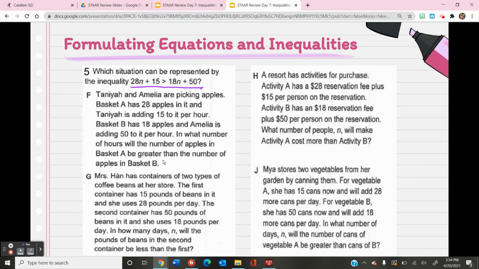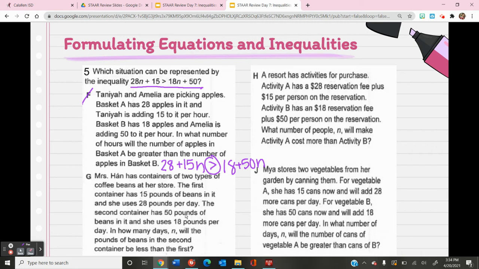So for basket A, there are 28 apples in it, and Tanya is adding 15 to it per hour, so that's plus 15n. And it says it wants to know when basket A is greater than basket B, so we're going to have the greater than symbol. And basket B has 18 apples, and Amelia is adding 50 to it per hour, so plus 50n. So looking up here, it does not match our inequality statement, so F is not our answer.